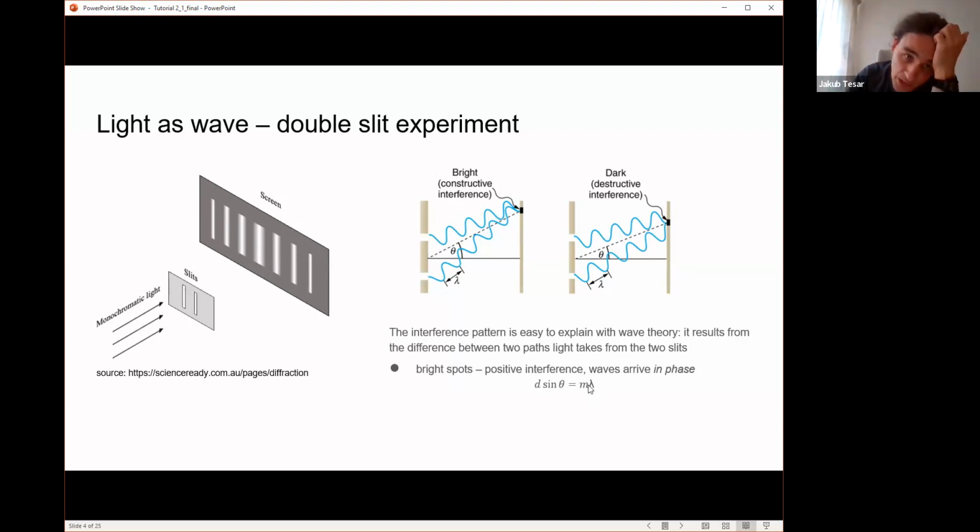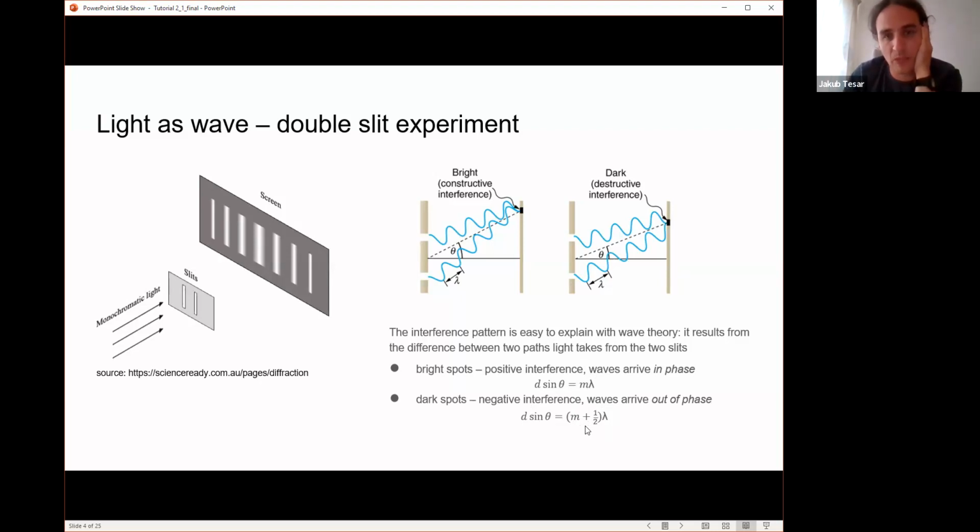The difference has to be a whole number of wavelengths. For the dark spots, this formula remains the same, but the difference has to be half of the wavelength.